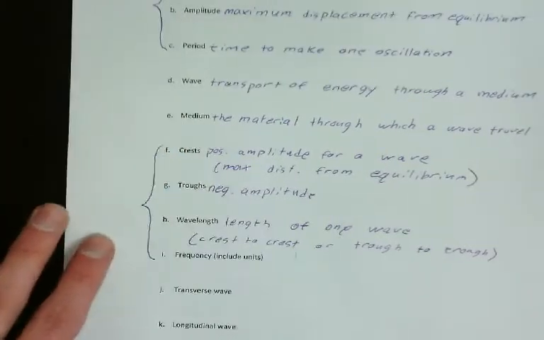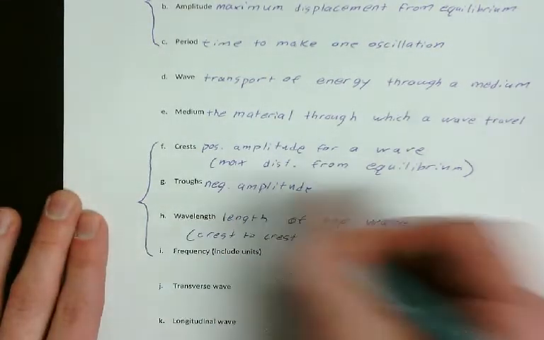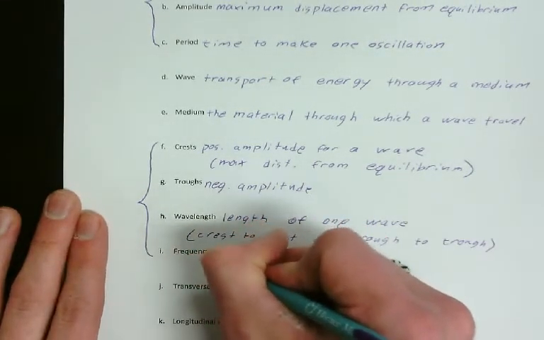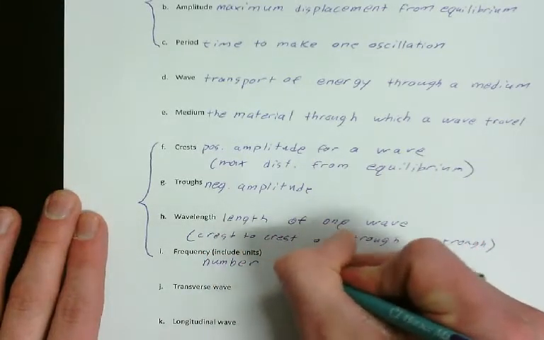Good. Jonah, what about frequency? What's frequency? I said it was the number of vibrations per a given amount of time, I guess. Yes. So frequency is number of waves, and we're going to use a very specific amount of time, number of waves per second.